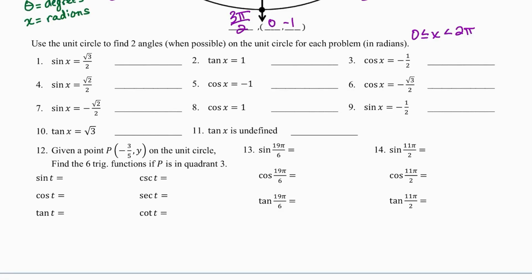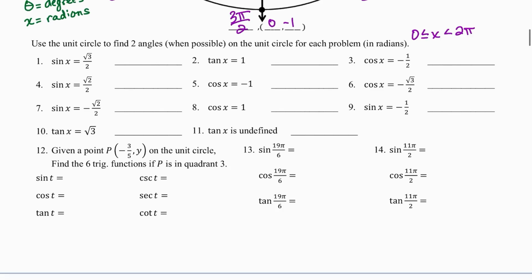But sometimes you just need to pay attention to directions, and this is something that I need to add to the packet. Most directions on a quiz or test will tell you that the variable is somewhere between two angles. In this case, we're going to talk about all the angles between 0 and 2 pi, including 0, but not including 2 pi.